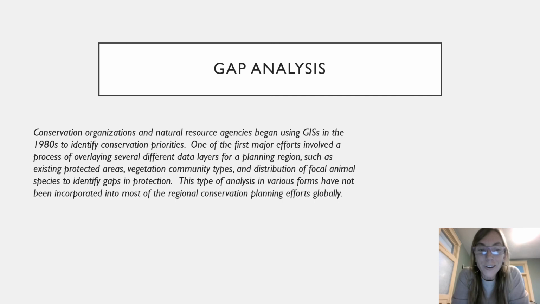That included the existing protected areas, the land use types, vegetative communities, and then often the distribution of certain focal animal species, and to allow identification of gaps in protection. So this type of analysis in various forms has been incorporated in almost all the regional conservation planning efforts globally since then.